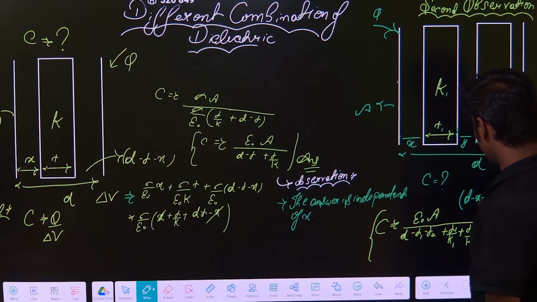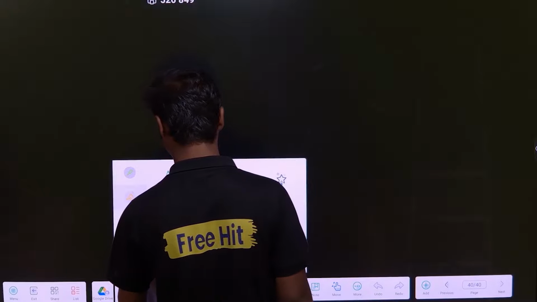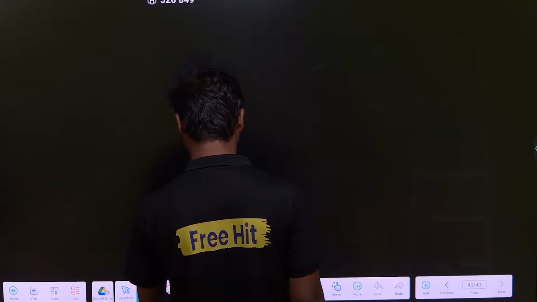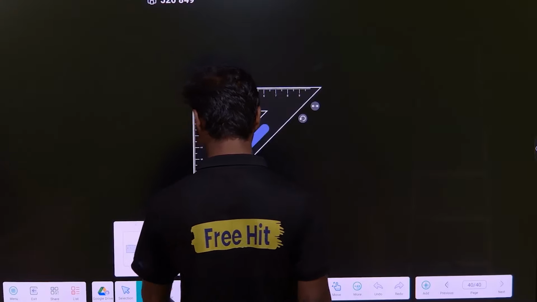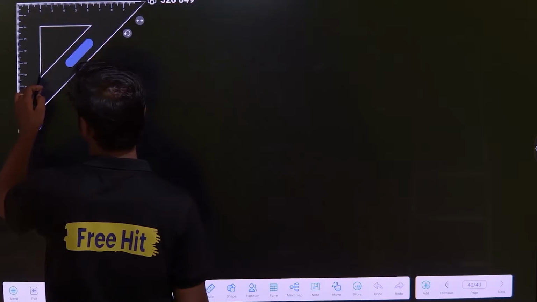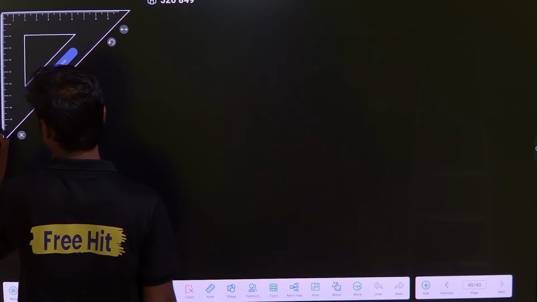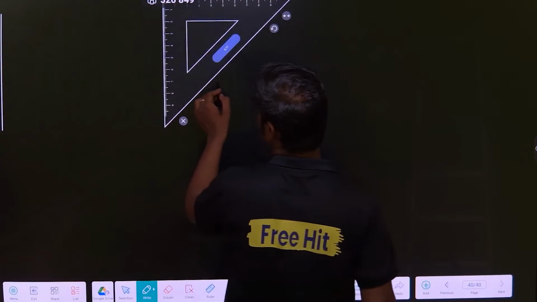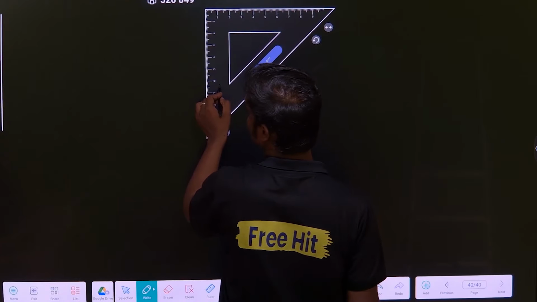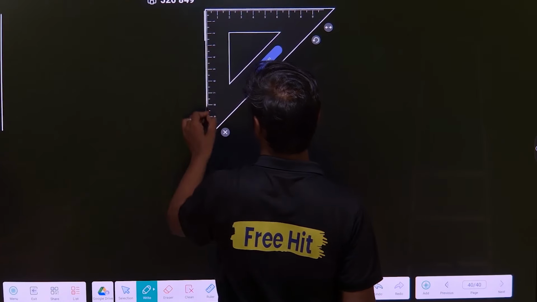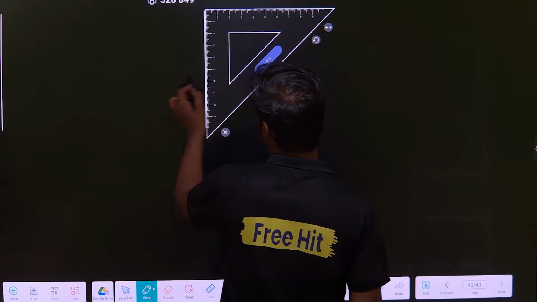So if this is going to happen, then we can write the general formula for this. What is the general formula? The general formula is very simple.